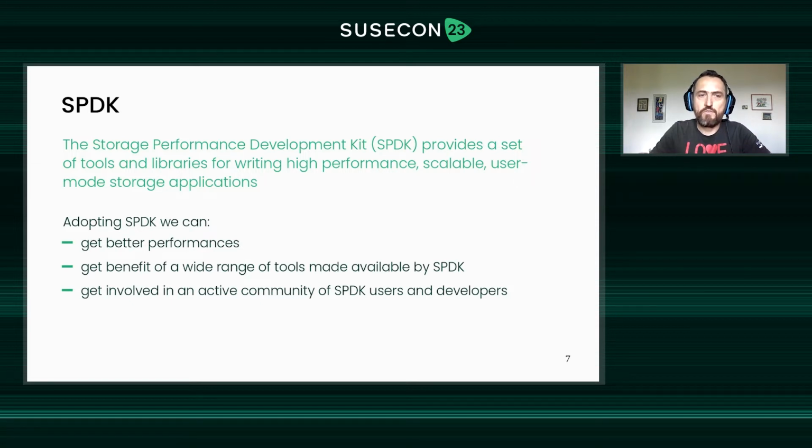Then we can benefit from a wide range of tools that SPDK continuously makes available, for example UBLK, which has been released quite recently. And in the end, by adopting SPDK, we can get involved in an active community of users and developers, and so we can exchange information, issues, and ideas for new development.